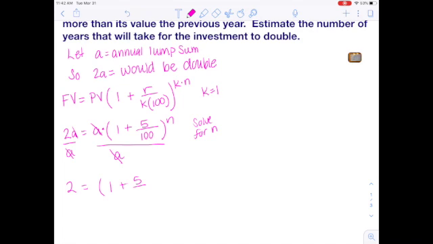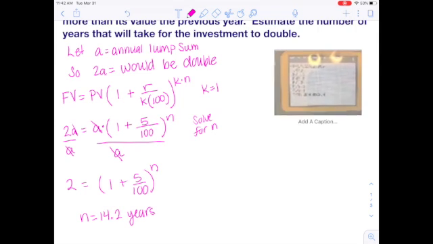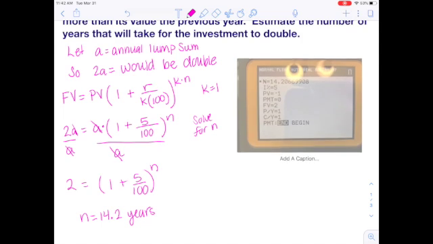You've got 2 is equal to 1 plus 5 over 100 raised to the N. Now, you can solve that. I'm going to use my finance solver in my graphing calculator, and I get an answer of N is equal to 14.2 years.